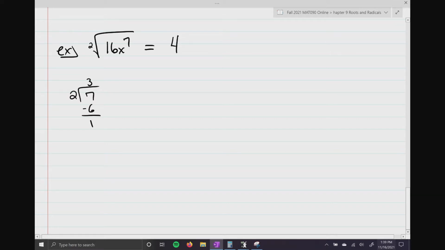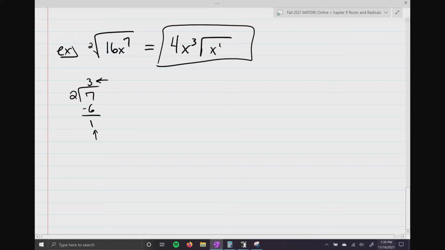So the 3 is the exponent outside, x to the third, and the 1 is the exponent on the inside, x to the first. So it's just 4x to the third times the square root of x, and technically you don't even have to put that 1 there. You can just leave it as 4x to the third times the square root of x.